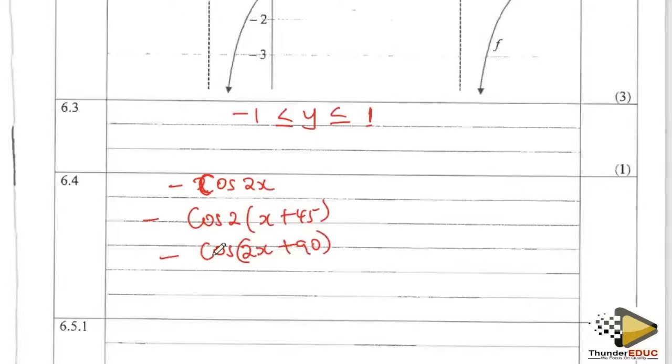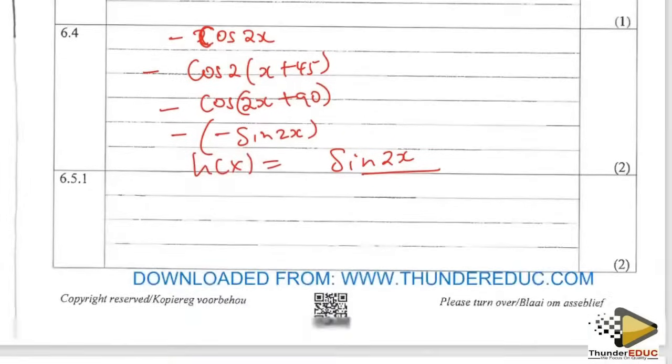When I simplify this, remember it's a complementary angle. I have a cos of 90 plus, and that's going to give me a negative sign. So negative and negative sine 2x is going to give me a positive sine 2x, which means my h of x will be given as that.